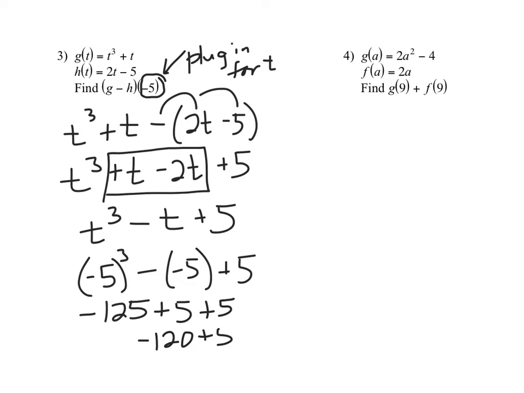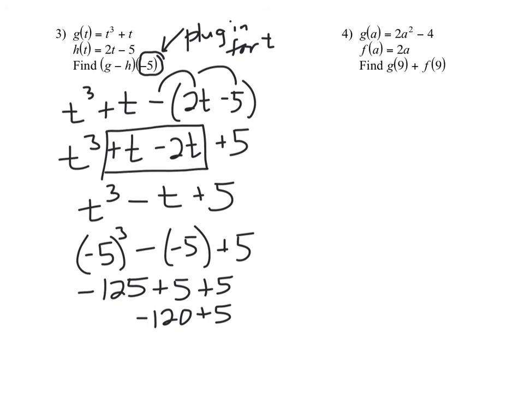And negative 120 plus 5 more is going to be negative 115. So if I subtract these two functions and I plug in negative 5, I get an answer of negative 115. So on these types of problems, you will have just a number as an answer.